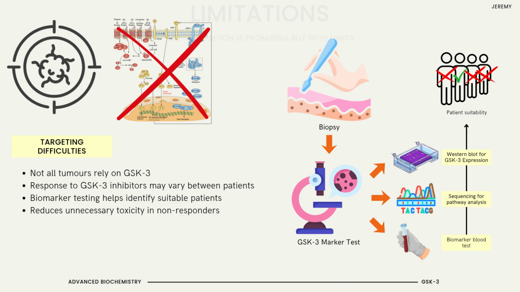So this will reduce unnecessary toxicity to the non-responders. So basically, we have to biopsy the cancer cell. Then I can do GSK-3 beta marker tests either via Western blot, sequencing, or biomarker blood testing. So then we can identify which patient is suitable for this therapy and which patient is not. So this will actually prevent unnecessary toxicity or damage, especially to the cancer patients.